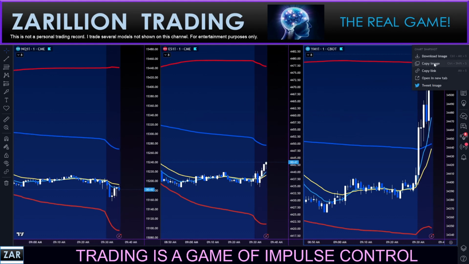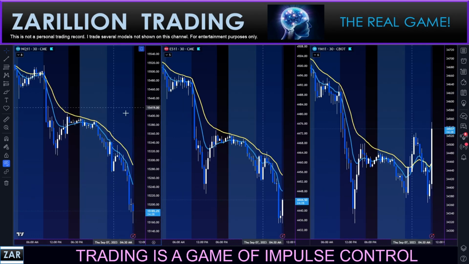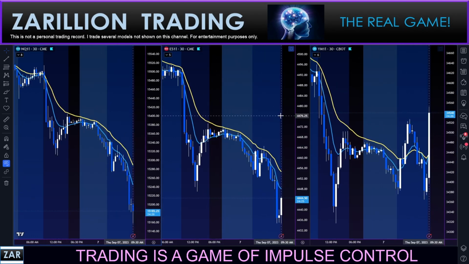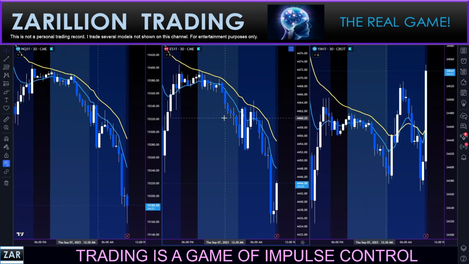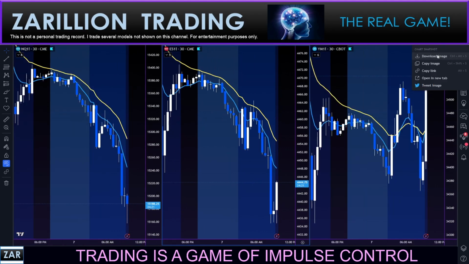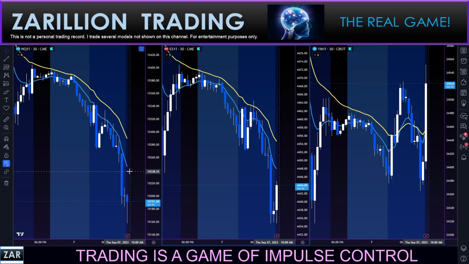Dow the strongest here this morning by far. Marching to its own drummer here. Let's take a look at the 30-minute candles. Divergence, right?